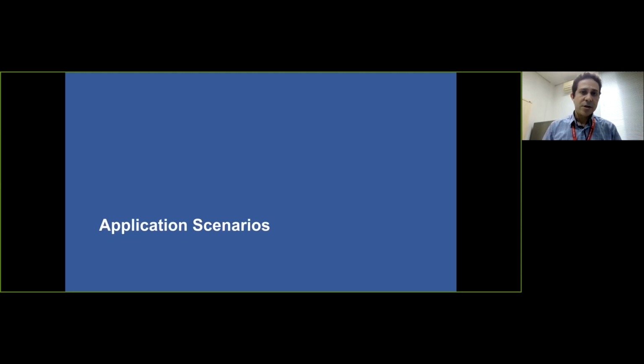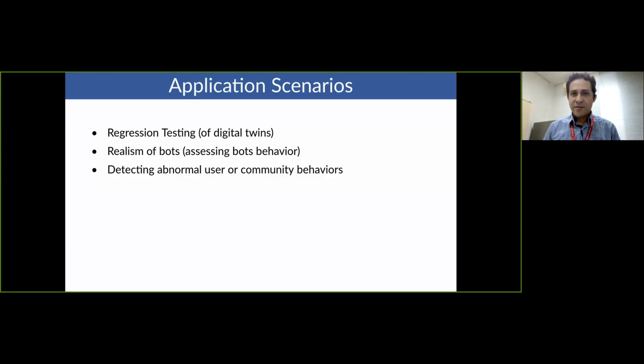Application scenarios. We believe armored testing can find application in many different contexts. For the scope of this presentation, we would like to discuss 3 scenarios: regression tests of digital twins, realism of bots for assessing bots' behavior, and detecting abnormal user or community behaviors.